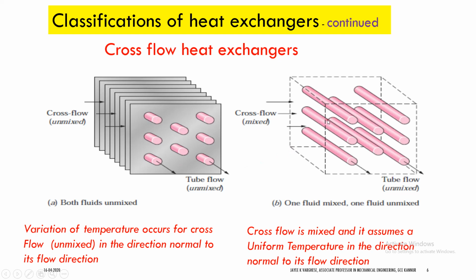Here in this case, since there are no separate passages, the cross flow fluid will be almost mixed and there is a uniformity of temperature of the cross flow in the direction perpendicular to its own flow direction. Okay, I hope you understood this.